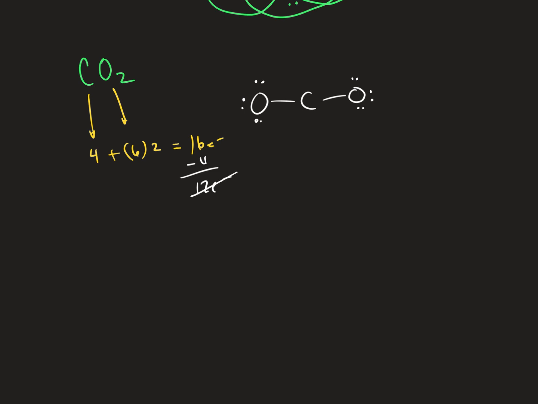What's the problem? Carbon doesn't have an octet. What are we doing with these electrons? We're sharing them. Let's keep sharing until we have octets. Who has extra to share, carbon or oxygen? Oxygen. So let's take 2 from here and share it there. Does that oxygen still have an octet? Each bond represents 2, so that's still an octet.